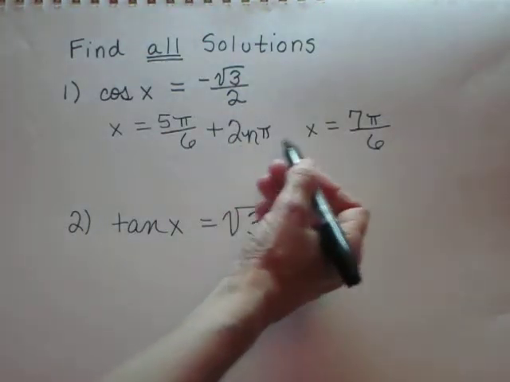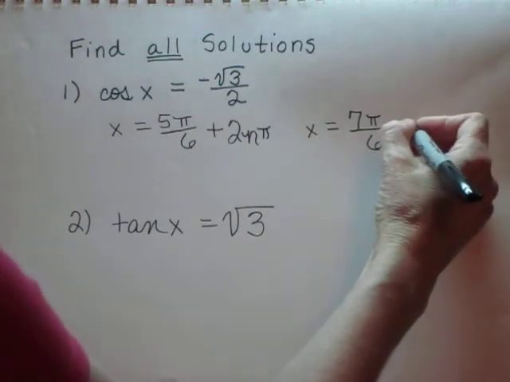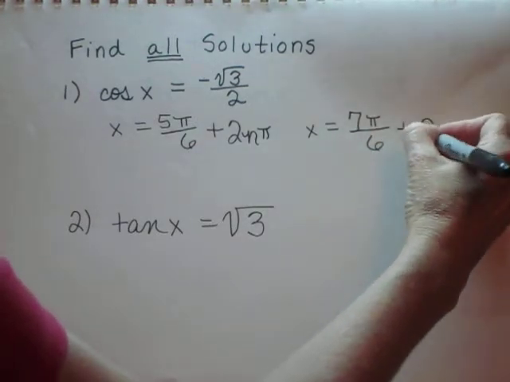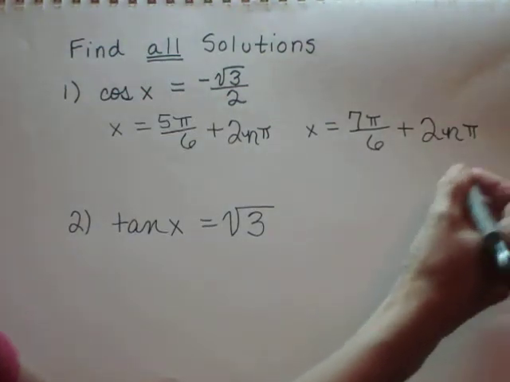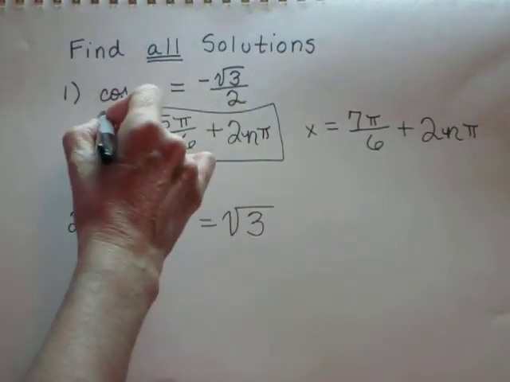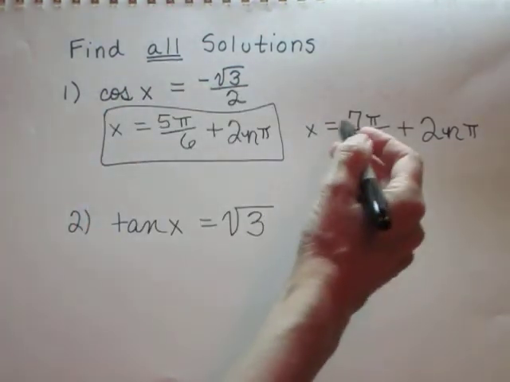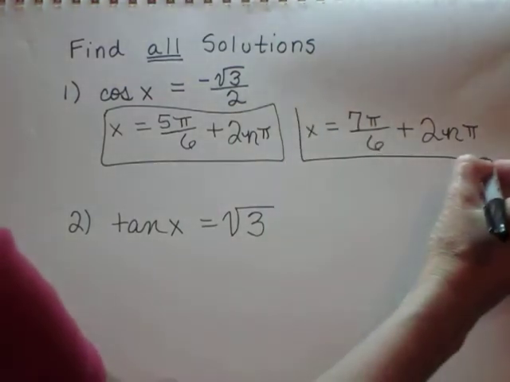We're going to do the same thing for 7 pi over 6. Again, add 2n pi, and there we go. We've got all the solutions for cosine of x equals negative root 3 over 2.